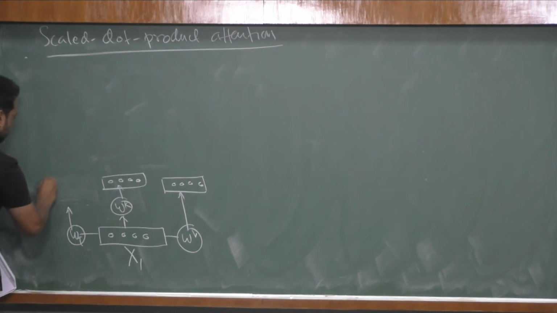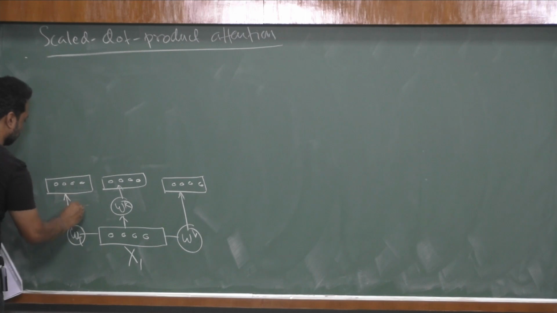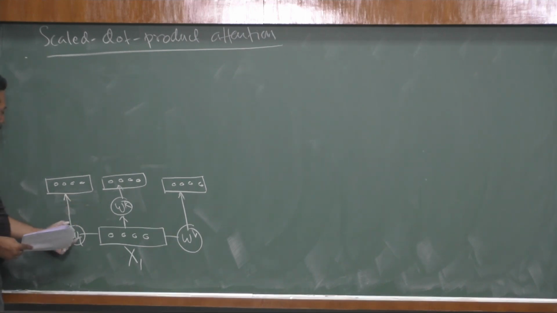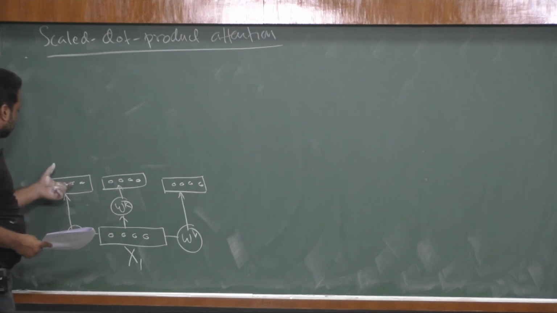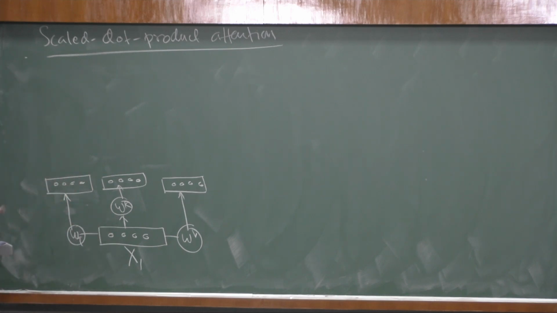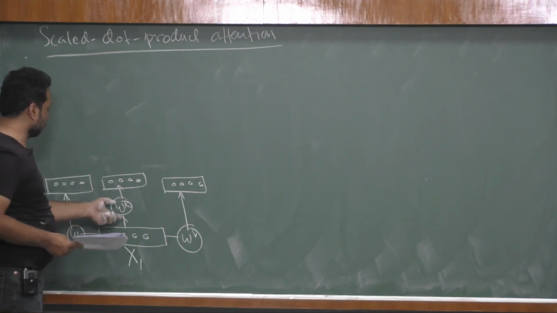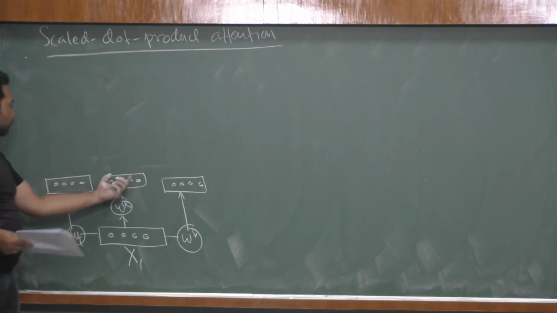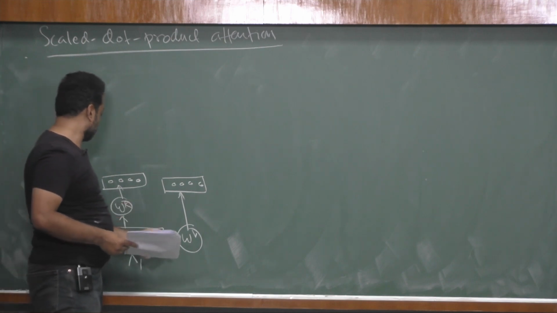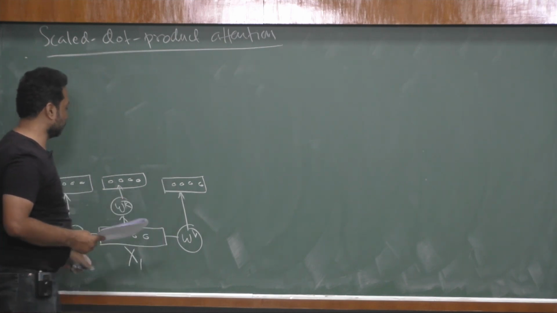And then this gives me a query vector. So from x1 I multiply a matrix WQ, and this gives me a query vector of length 4. Then I multiply a matrix for the key, and it gives me a key vector of length 4, and similarly we get a value vector.